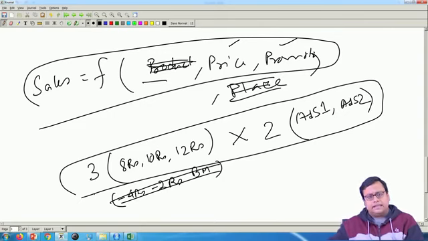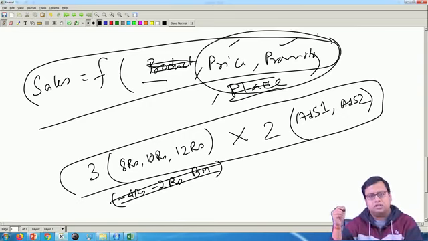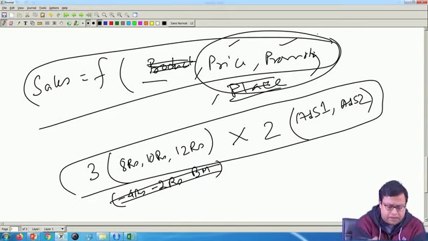Now, as I told, sales is a function of price and promotion. So, you have to decide at what price and what level of promotion the sales is maximized. Oftentimes we do not want to optimize sales, we want to optimize profit.